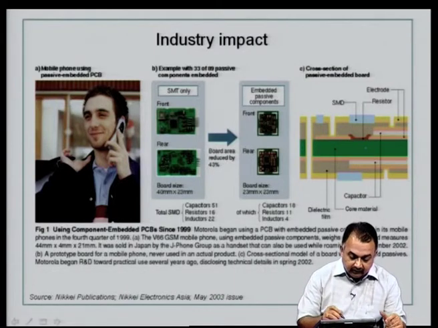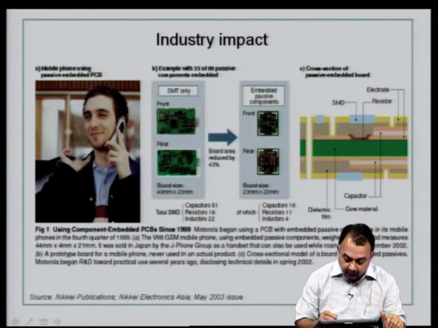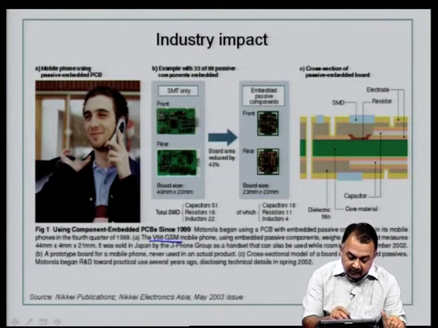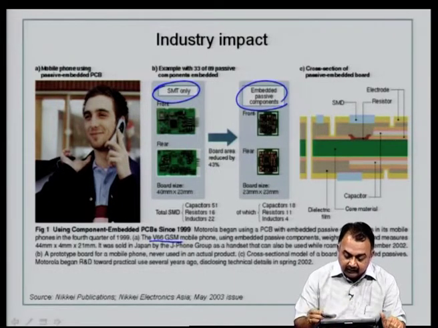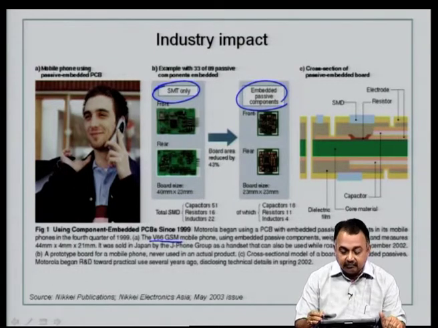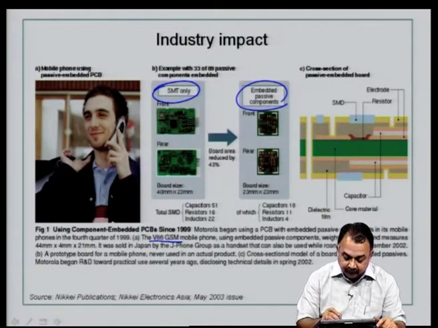You can see that a particular model of Motorola, typically the V66 GSM mobile phone, the design consideration was made to convert the SMT components to including embedded passive components plus SMT devices as usual.